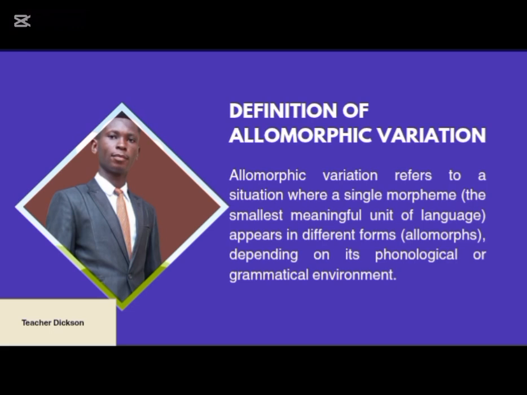We call that allomorphs, depending on its phonological and grammatical environment. Note the word allomorphs. Allomorphs refer to the different sounds represented by a single morpheme, depending on where they occur in words, that is their phonological or morphological environment.